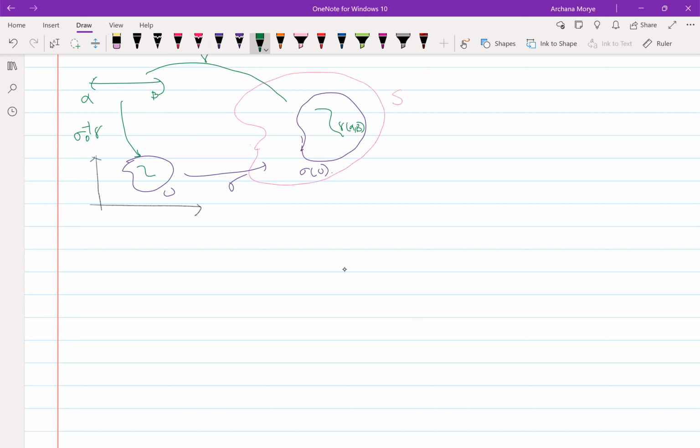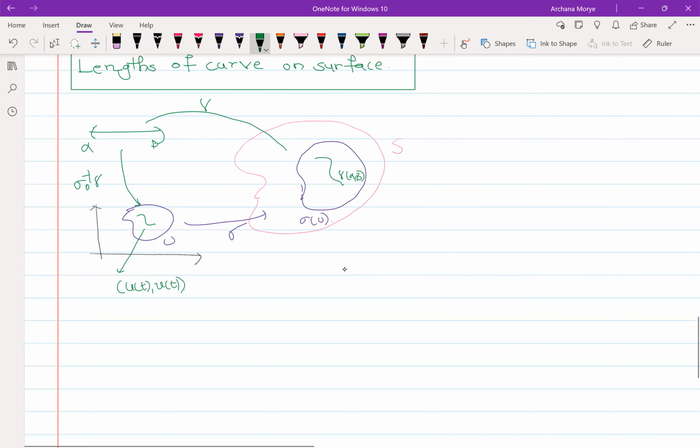So these are the basic things given to me, and what I want to calculate is the length of gamma. Let us see how to calculate the length of gamma.